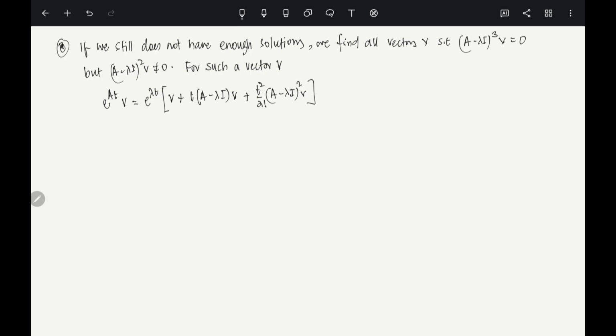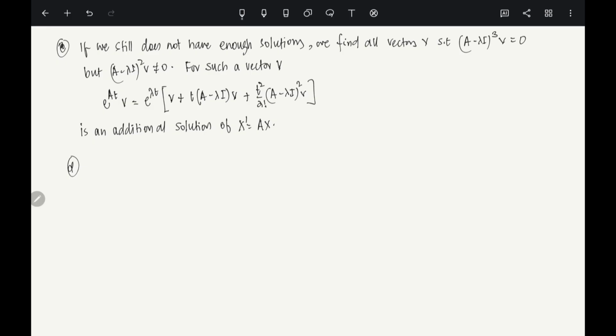Clear? The cube part and the corresponding higher powers are going to be 0, right? So that is there. So this is an additional solution of x' = Ax. Clear?